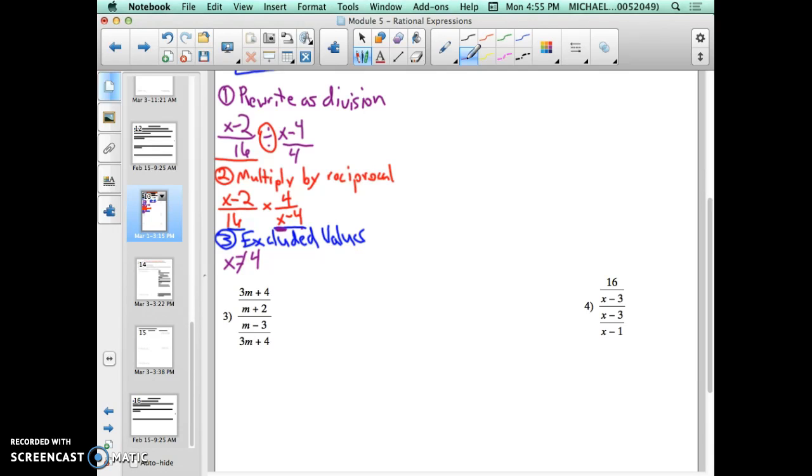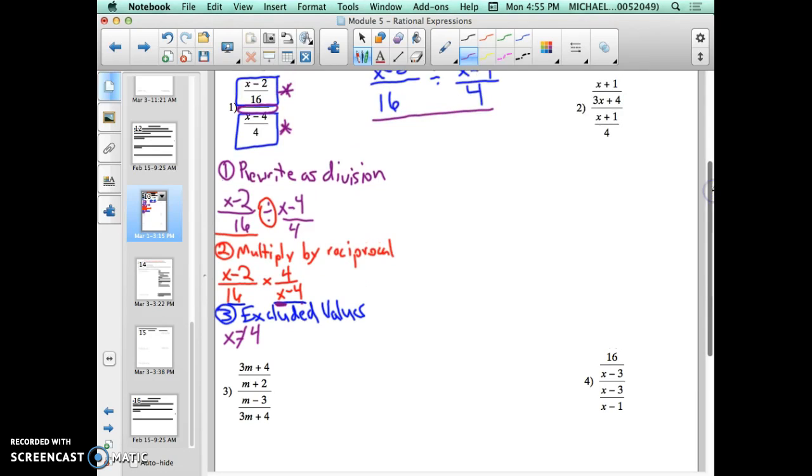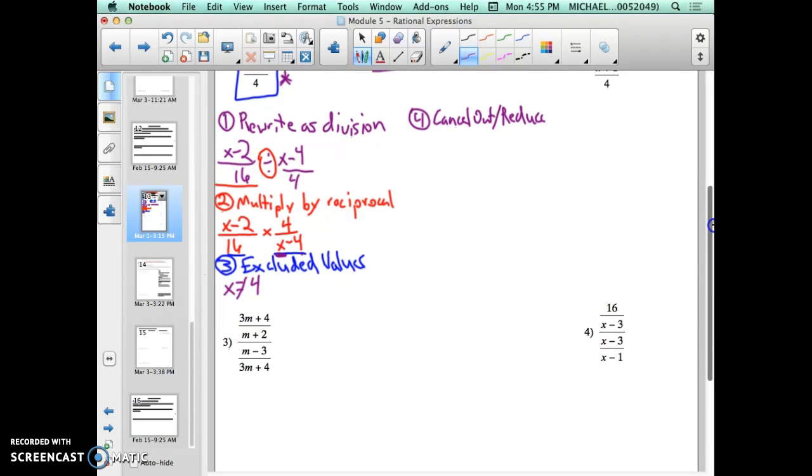Now, finally, to simplify this in its fullest terms and finish out number 1, step 4 is to cancel out factors or reduce whole numbers. At times there will be factors you can cancel out, and at other times there will be whole numbers you can reduce. So I need to go back to step 2 and look at the factored form right here.